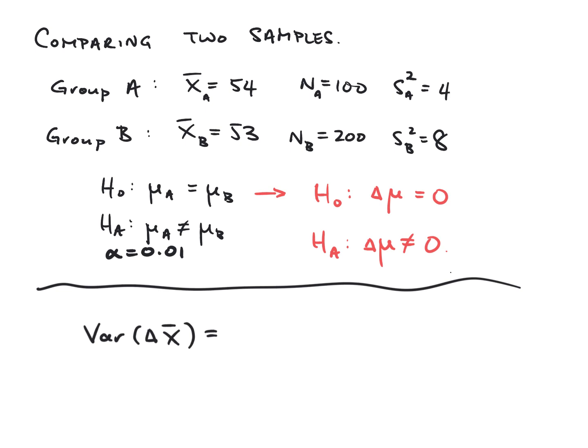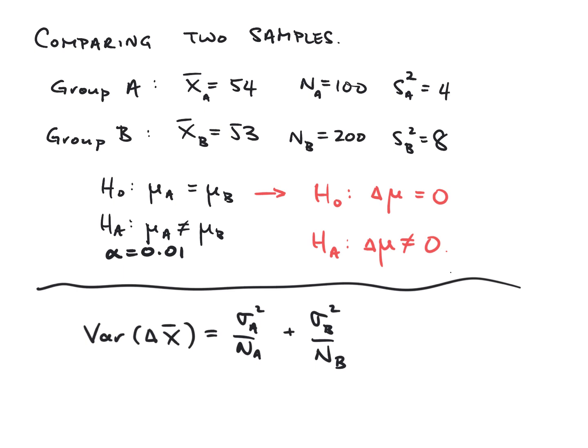It's the variance in group A over number of observations in group A plus the variance in B over the number of observations in group B. When we're testing a hypothesis about just X bar, it was variance over number of observations.